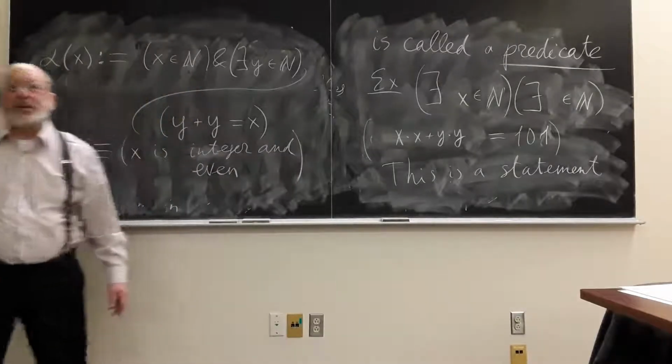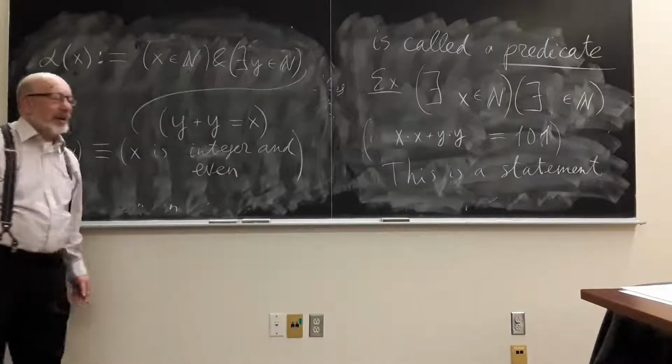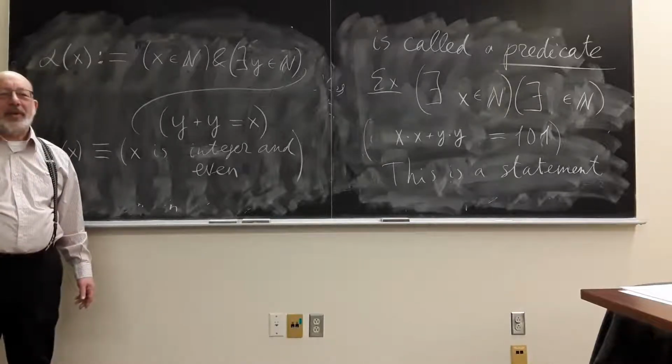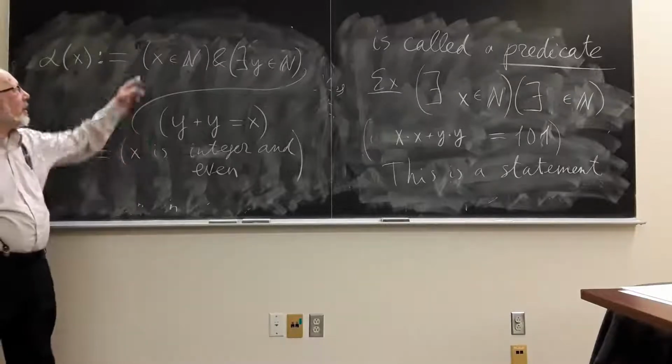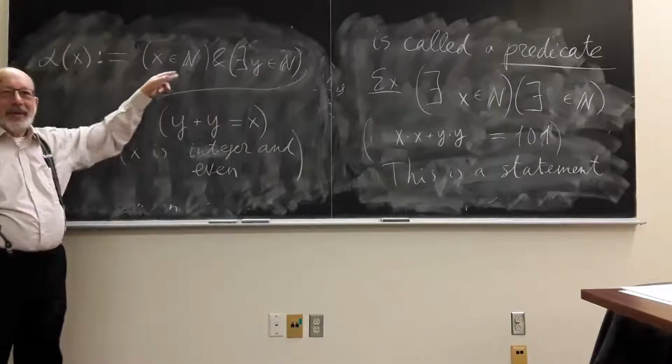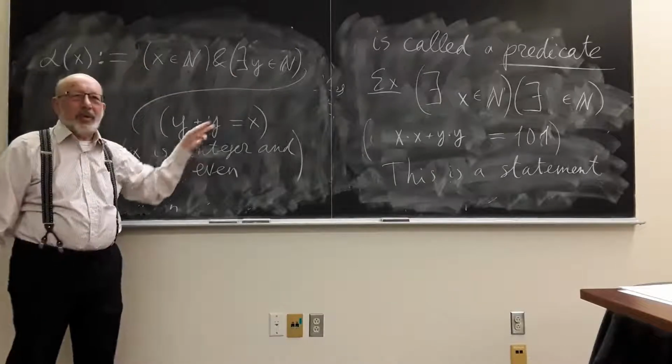If you substitute here something different from positive integers, say the set of points of a square, then the first will fail, so it will be false, and everything will be false.